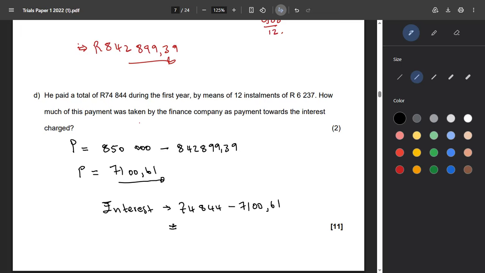So the interest is the difference between these two numbers. This gives us an interest of 67743.39. That was an easy finance question, very, very easy.